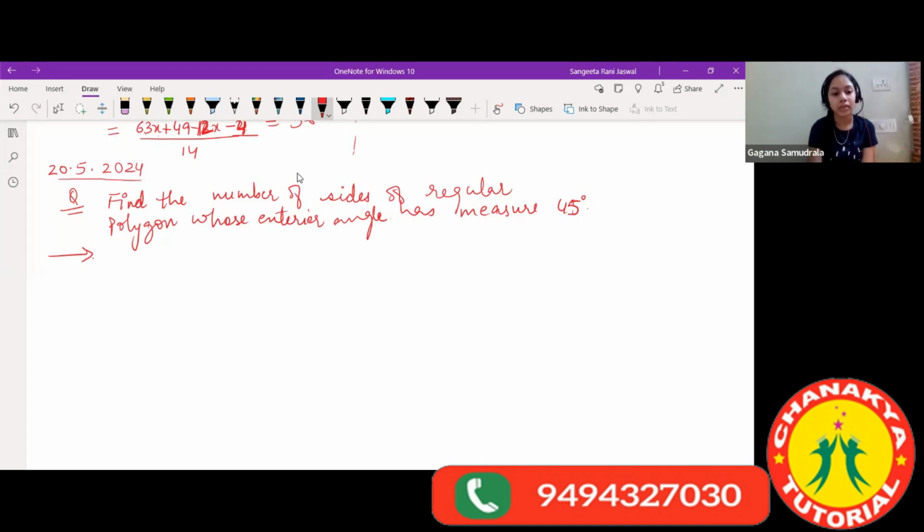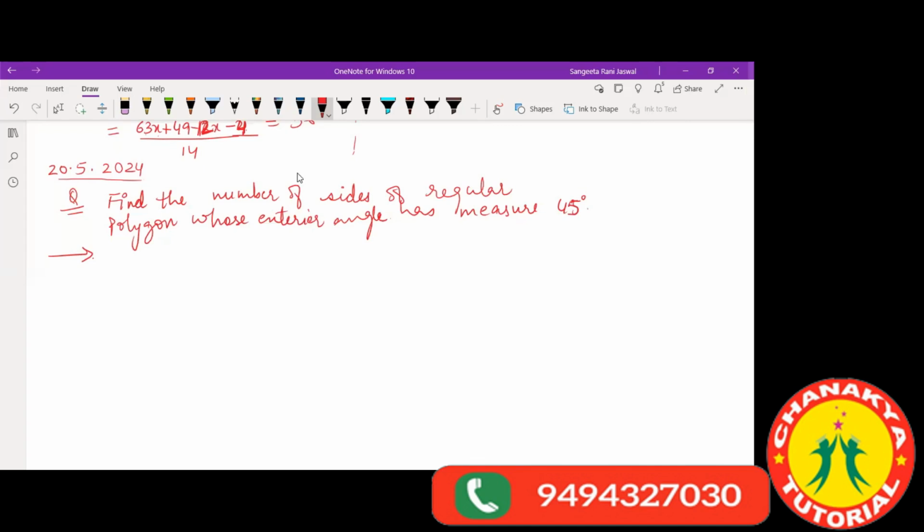Yes, ma'am. After we know that the sum of all exterior angles is 360, let the exterior angles be x1 is one angle, x2 is another angle, x3 is another angle, and so on till xn.